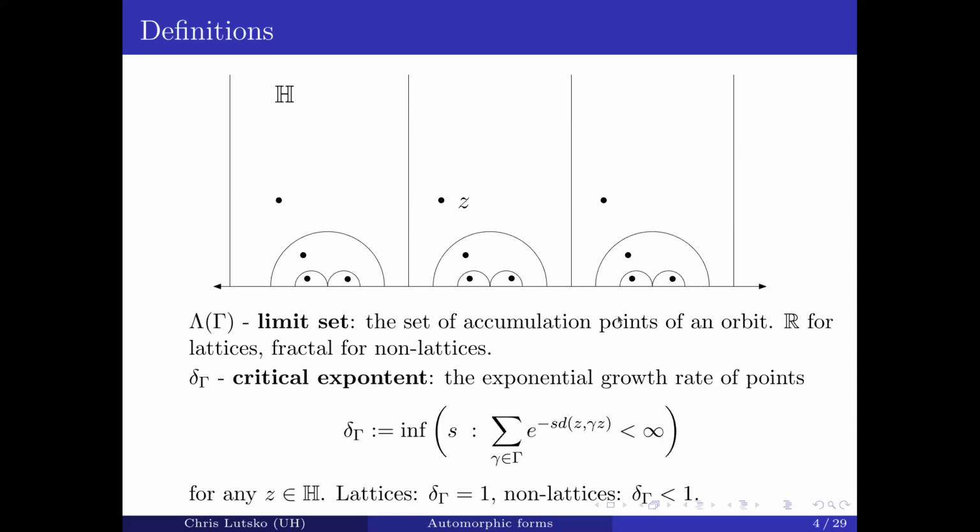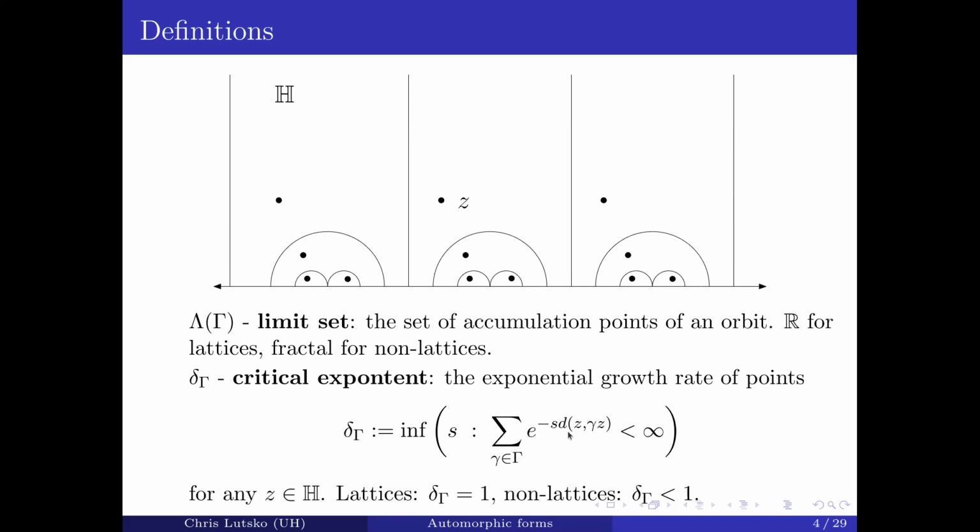And then the second quantity that we need is what's called the critical exponent. This is the exponential growth rate of points. So we take any point, we look at its orbit, so we apply gamma to that point, and then we take the distance from Z to gamma Z. So you're looking at this increasing ball, and you're adding up all these points with this exponential weight.